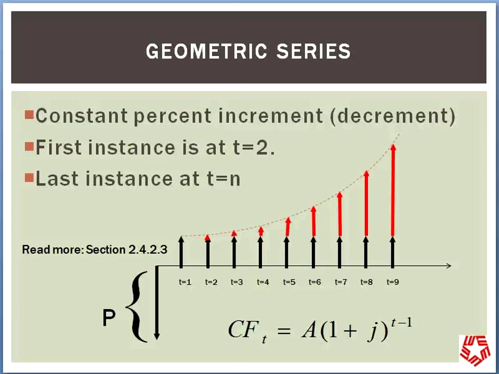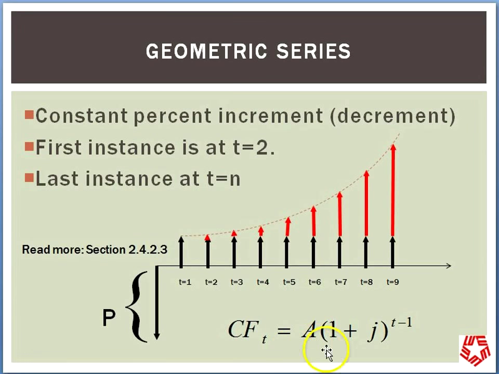So the net effect is a nonlinear relation, because at every time the previous computation had increased or decreased, and therefore we have a nonlinear impact. In this graph, you can see that the first instance of the series also happens at t equals 2, but in this case we do not use the gradient per se. Everything depends on the annuity first.